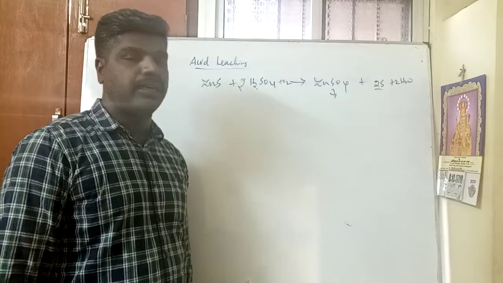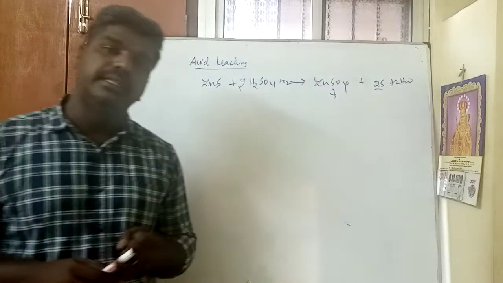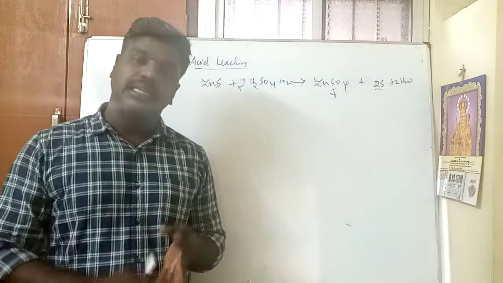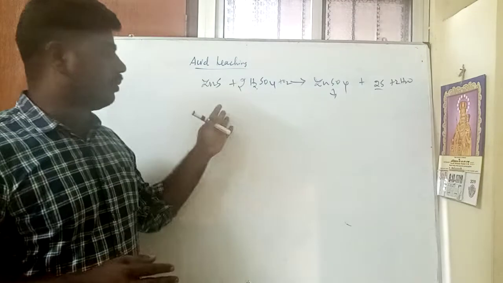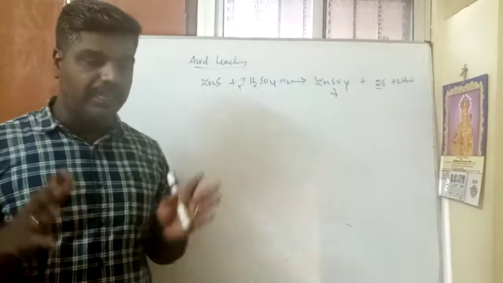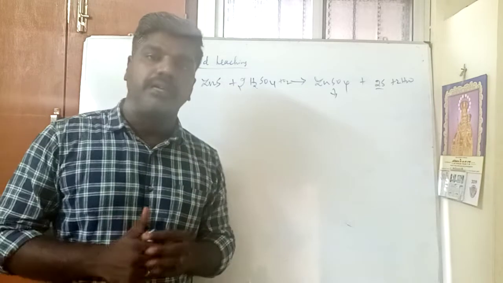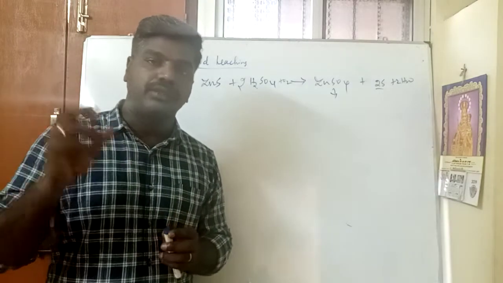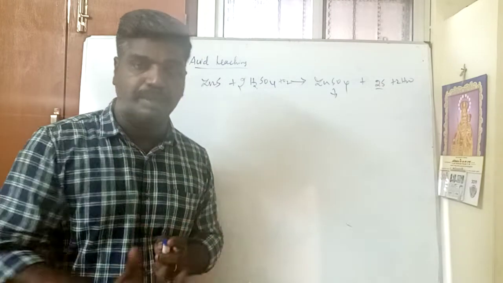Acid leaching. We have seen 4 types of leaching: cyanide leaching, ammonia leaching, alkaline leaching and acid leaching. Definitely one question will be asked on this topic, leaching. Finally, we conclude that leaching is a method of removing unwanted earthy impurities like gangue or matrix by mixing with a suitable solvent.